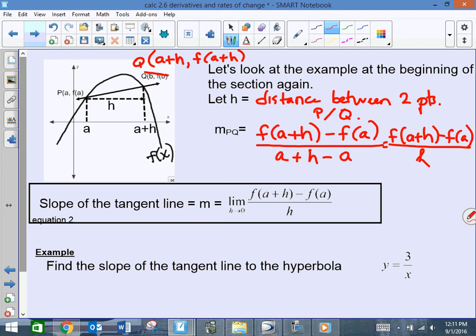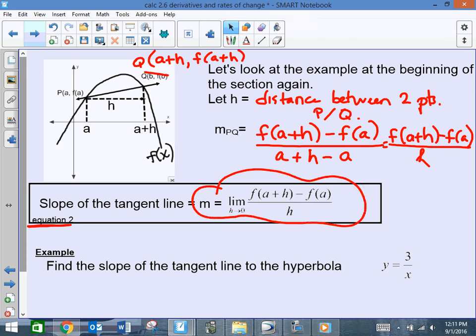So if they cancel each other, we have this. Okay. So all we're doing is changing the language. Now equation 2, the other one is equation 1, says the slope of the tangent line is this one. Okay. Check it out. With your limit knowledge, this should make sense.